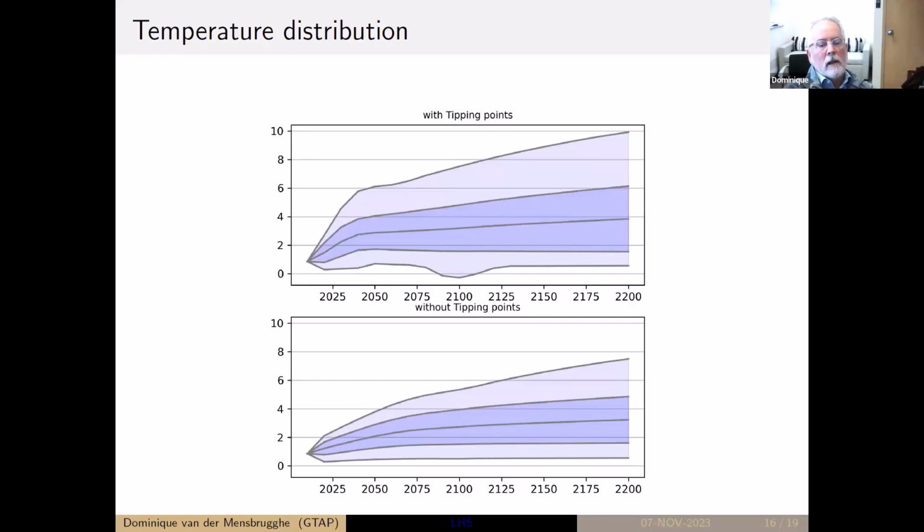So obviously, with tipping points, the range is much larger. The maximum is all the way up to 10 degrees Celsius by 2200, where it's under 8 degrees for the version of the model without tipping points. And the confidence intervals are also tighter without the tipping points. Not very surprising there.